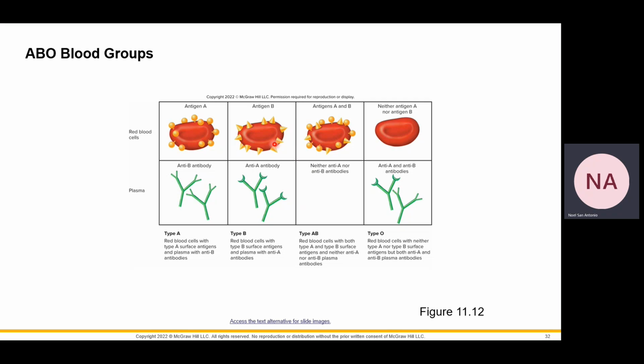Kung ang isinalin mo naman yung type B, ganun din. The anti-A antibody will attack the antigen A that is present in type AB. So therefore, there will also be agglutination.